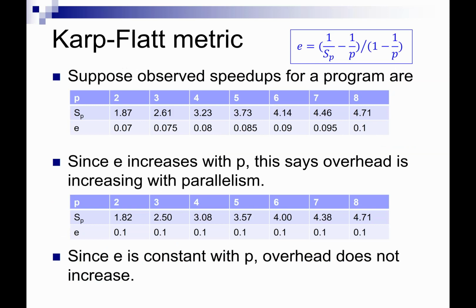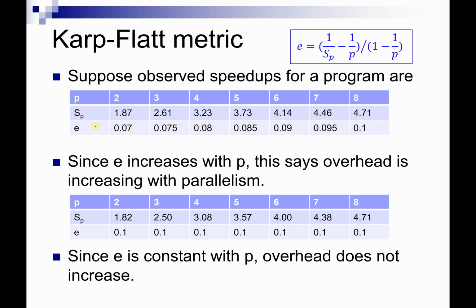So now let's do that. We have this expression for E over here. Suppose you have a program where you run it and vary the number of processors, using 2, 3, or more processors, and then you measure the speed up for these different numbers of processors. Then you can just plug this SP value into this E expression to get the value for E. If you do that, you're going to see that the E values are something like 0.07, 0.075, and so on.